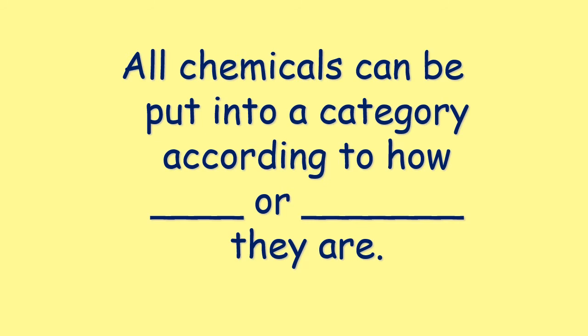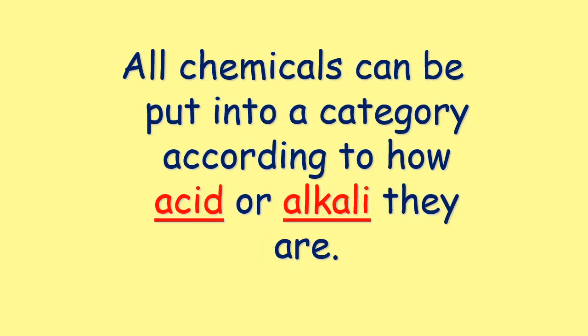As before with these questions, if you want to pause the slideshow to give yourself an opportunity to write down answers, you can, or you can keep the answers in your head and see whether or not you get the right ones. So, all chemicals can be put into a category according to what they are. Well, the answer to that is acid or alkali. So chemicals are described as being acids or alkalis.